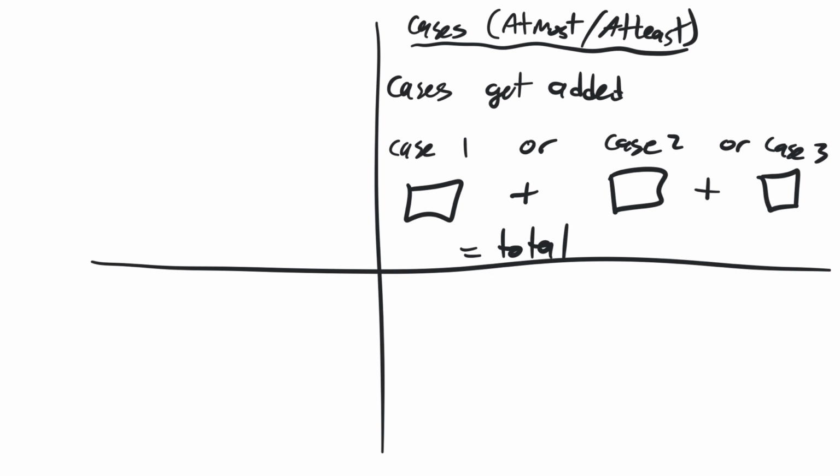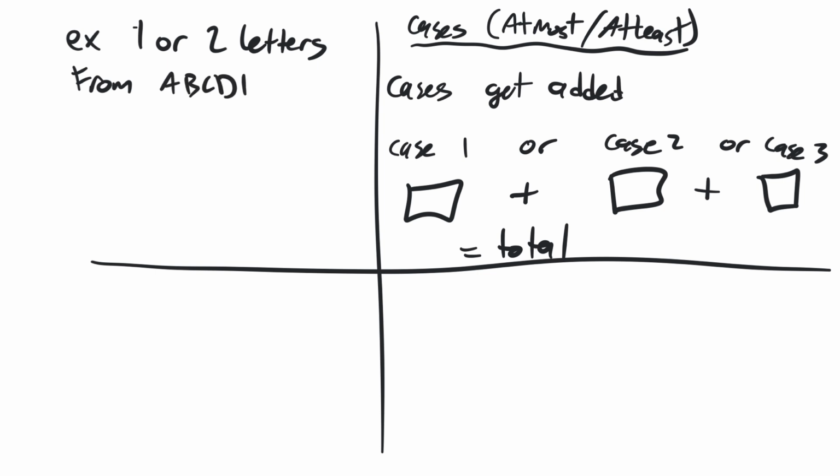So let's look at an example. How many words that have 1 or 2 letters can you make from the letters A, B, C, D, and E? Go ahead and pause the video and give that a try. Okay, so we've got 2 cases.